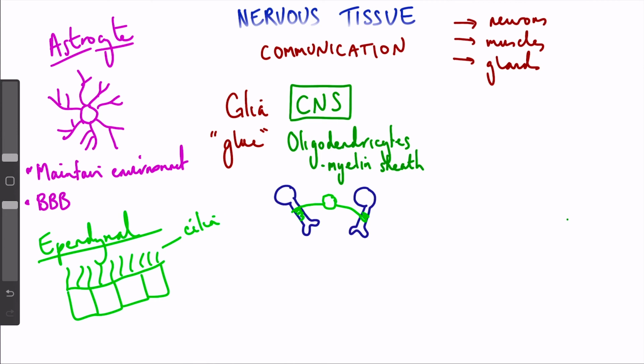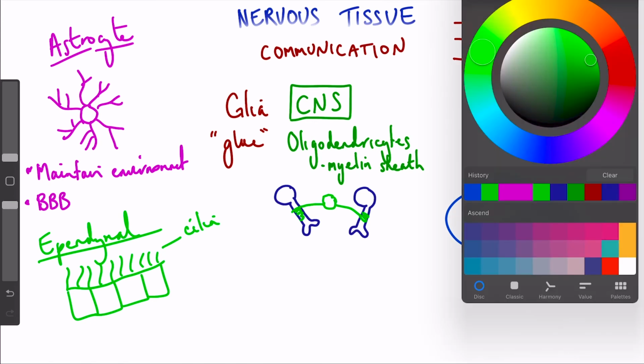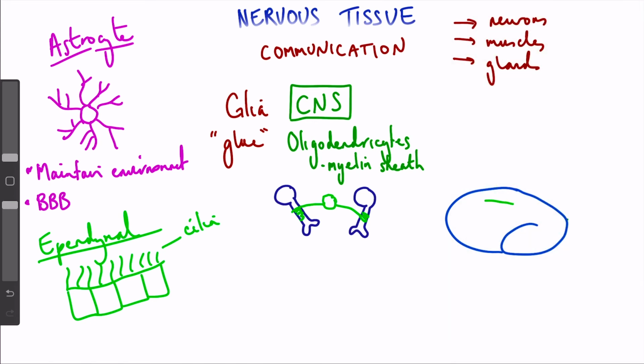Now, what's the importance of these? Well, think about this. If you've got the brain, so if we have a look, draw the brain up like this, right? Inside, deep within the brain, you've got these strange looking hollowed out structures that look like this.